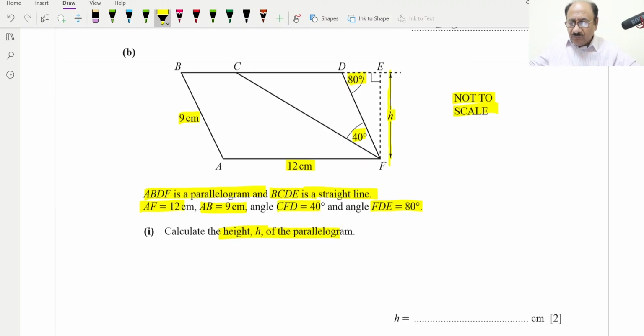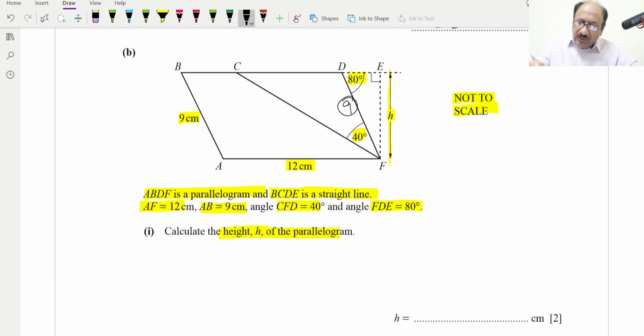So height we have to calculate. Now we can calculate basically this height by trigonometry, and h over DF, AB is 9, so DF will be also equal to 9. This will be 9.